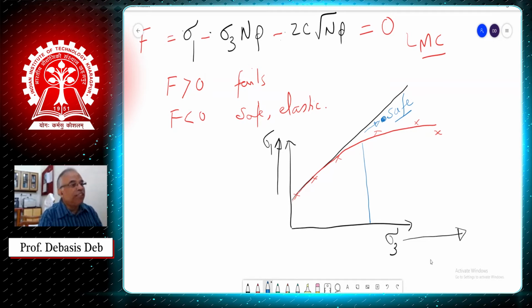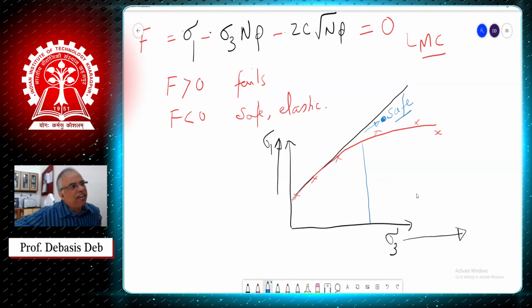So that's a very dangerous proposition. Okay. So since it becomes nonlinear like this, many researchers tried to develop different failure criteria. There is a nonlinear Mohr-Coulomb criteria also. Okay, but many people didn't accept that, because it has many more parameters to handle.